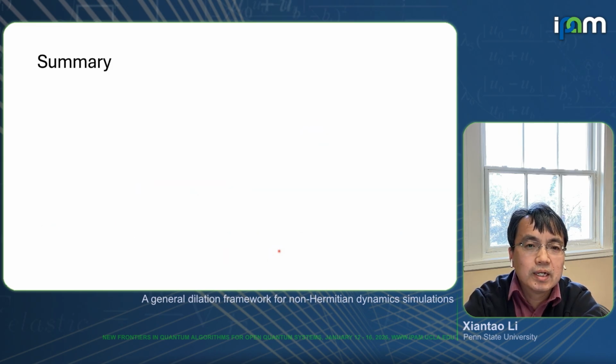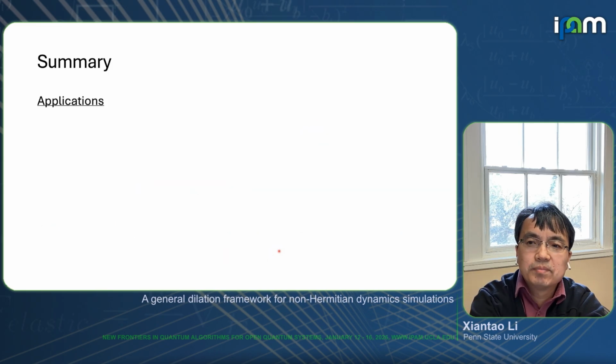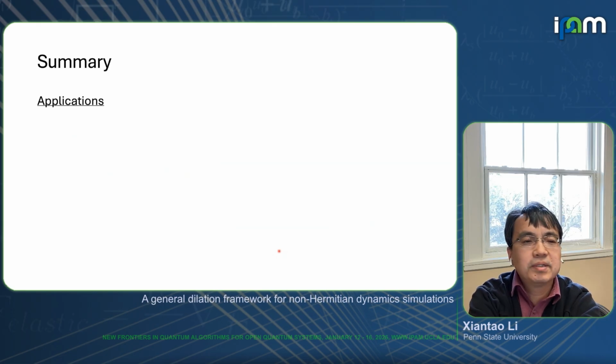I think I'm getting close to the end of my talk. So today I talked about some dilation schemes that map linear non-Hermitian dynamics to Schrodinger equations so that we can do Hamiltonian simulations. I also talked about mapping linear SDE systems to stochastic Schrodinger equations so that we can apply either Lindblad simulation algorithms or quantum trajectories.